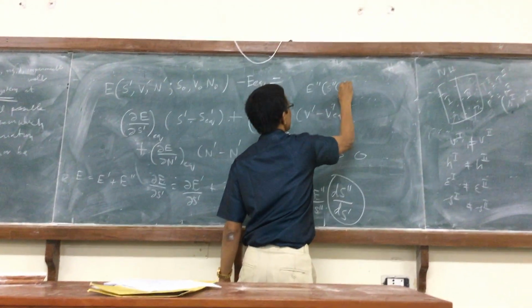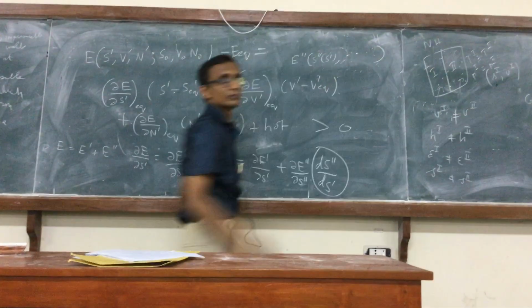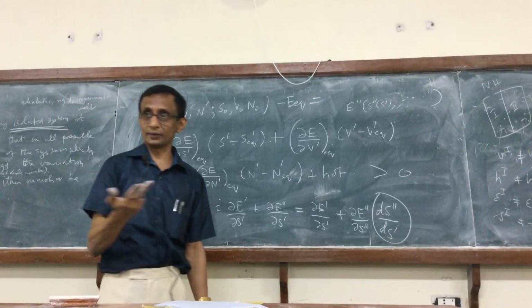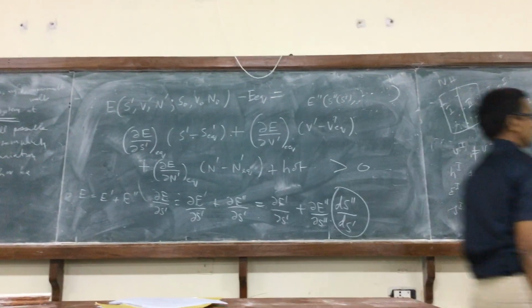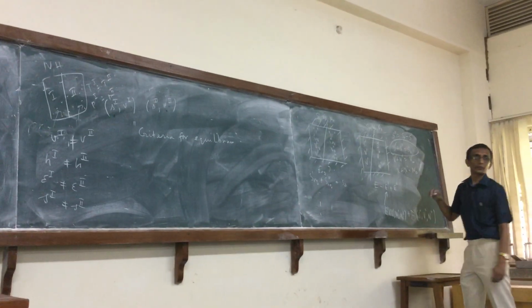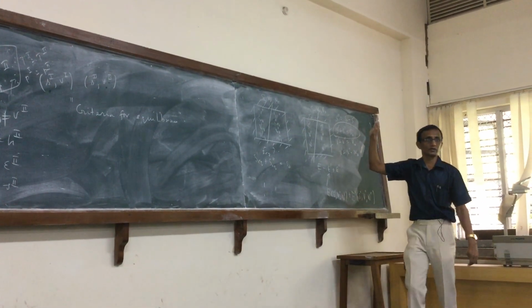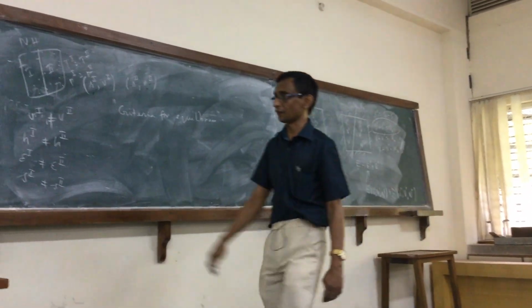S double prime is in turn a function of S prime. I'm actually using the chain rule here. Minus 1, very clear from this. It's just a sum. So I can write S double prime as S naught minus S prime. dS double prime by dS prime is simply minus 1 because S naught is a fixed quantity. Right? So that's very true.